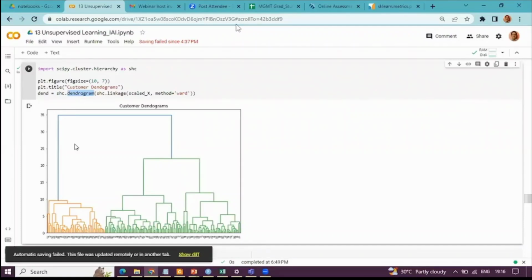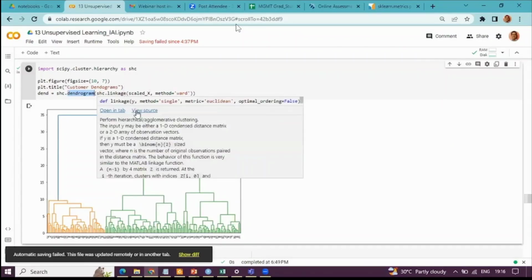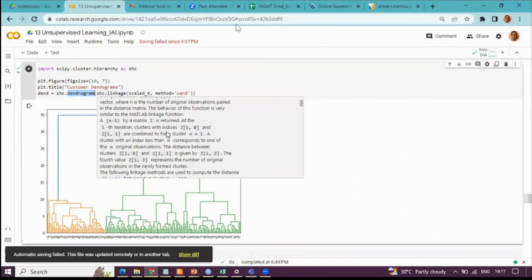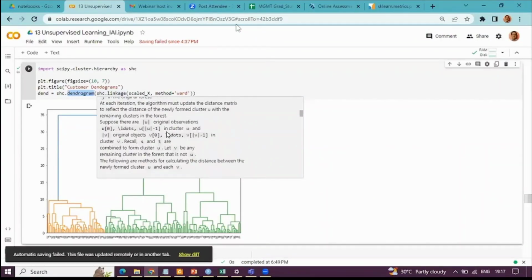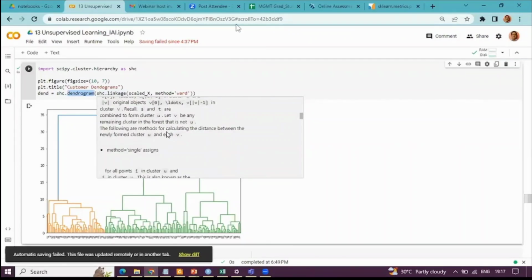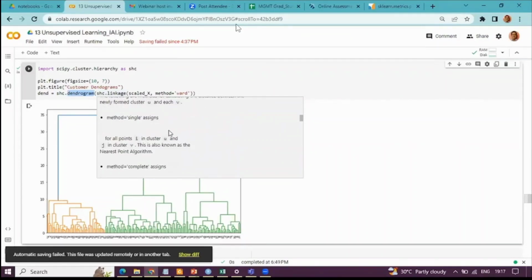various linkage methods that are there. Right? You can very well see that there are a good number of linkage methods. So you could see here, the linkage method could be single, and you could clearly see the explanation for the same. So single is the nearest point algorithm.